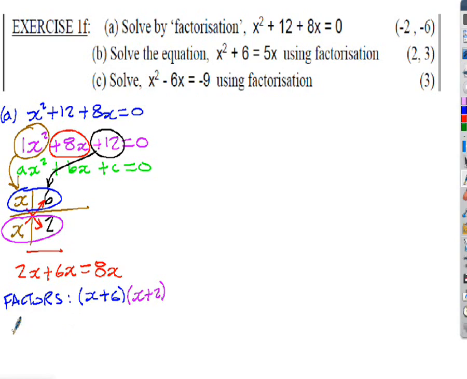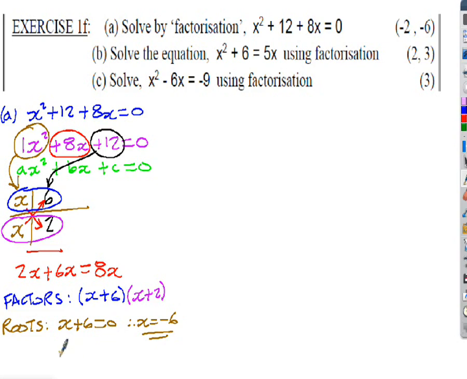So we found the factors, but of course we really want to find what the roots of the equation are, the actual solution. So to find the roots, we simply take each of the factors individually. So take the first one, x plus 6, we equate it to 0 and we solve it. So therefore in this case, subtracting 6 from both sides, x is equal to negative 6, so there's one root.